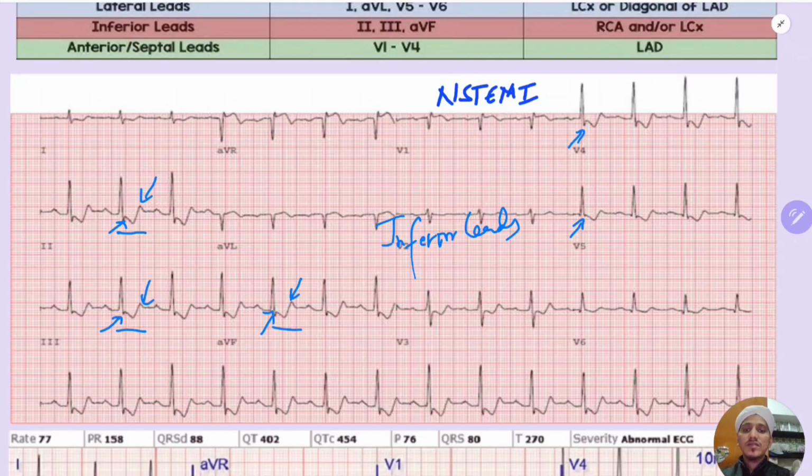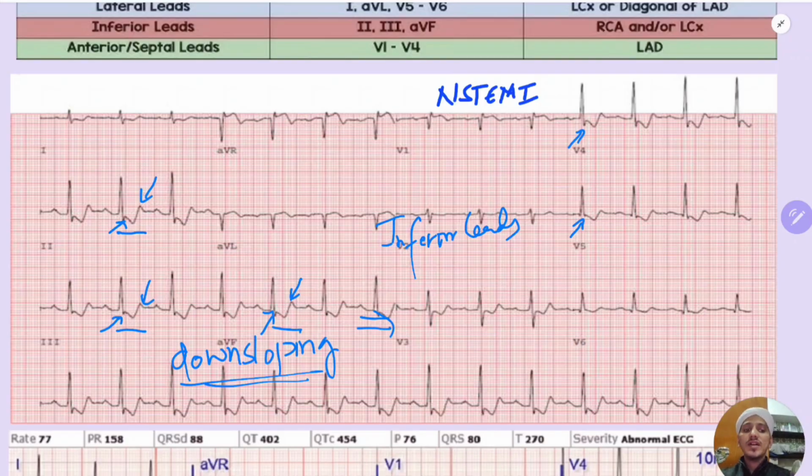The ST segment depression is downsloping. This is also important. Remember, as I said in the previous classes, in ischemia or infarction the ST segment will be either horizontal or downsloping.